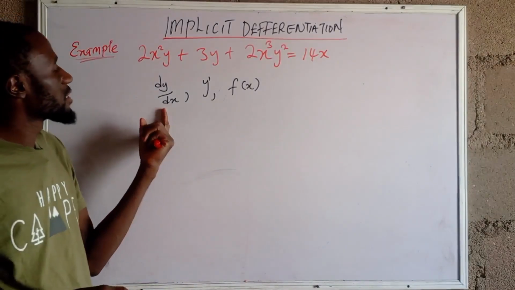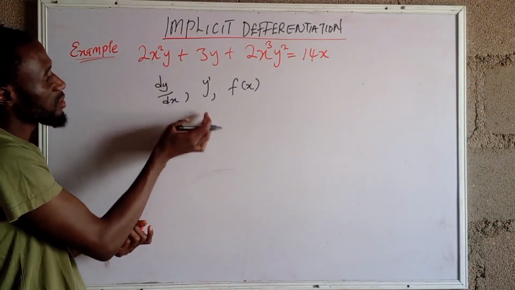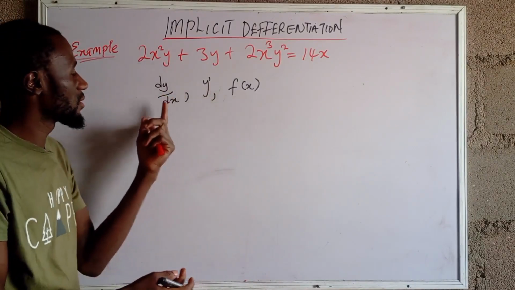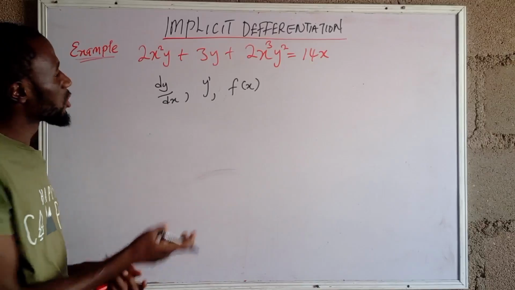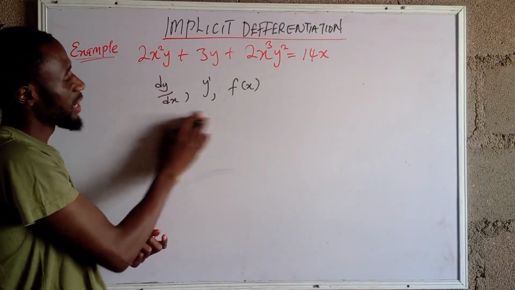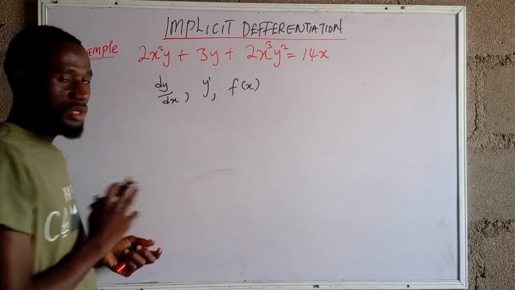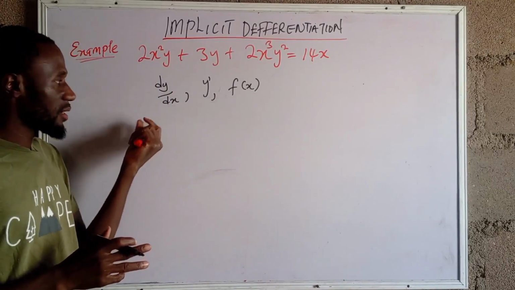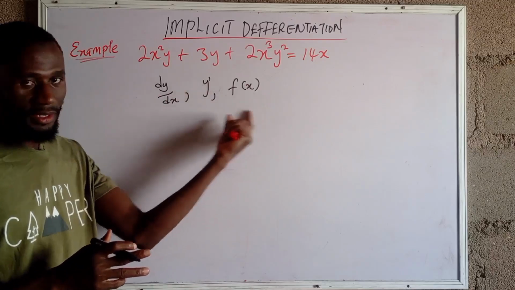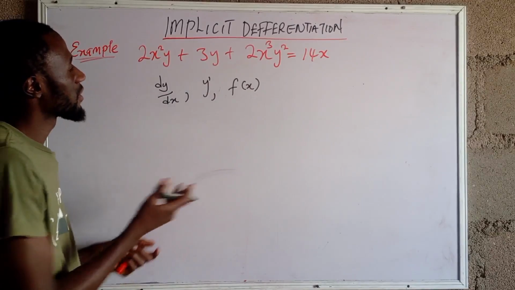Once we differentiate a function containing y, you must multiply with either y prime or dy/dx. But once you differentiate a function containing x, there's no need for multiplying with dy/dx or y prime because they all mean the same.